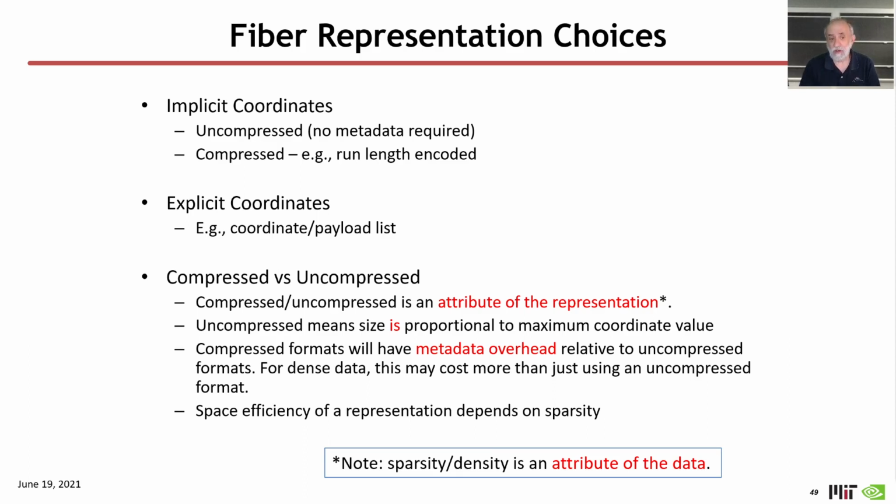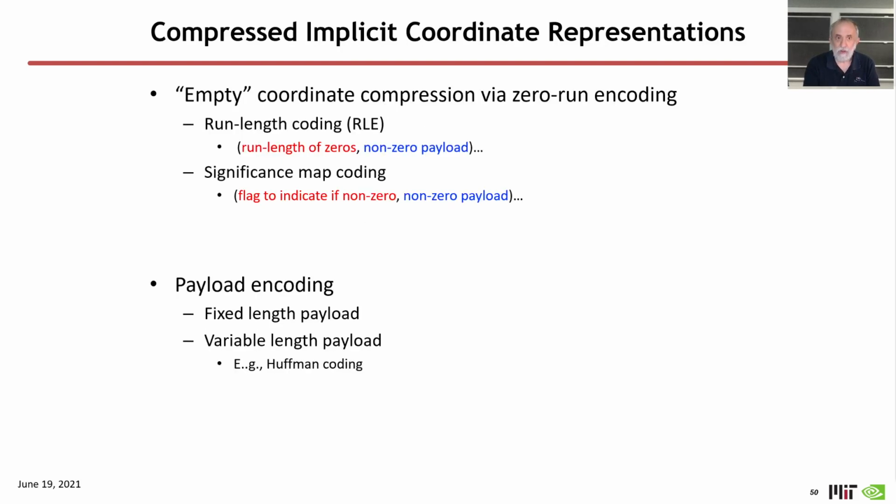So I'm not going to talk about dense formats. I'm going to try and use the word dense to refer to the statistical properties of the tensor or a fiber of the tensor. So a few examples here. A compressed implicit coordinate representation.